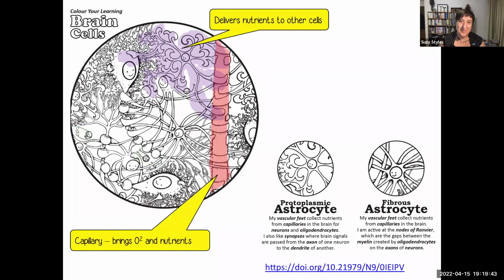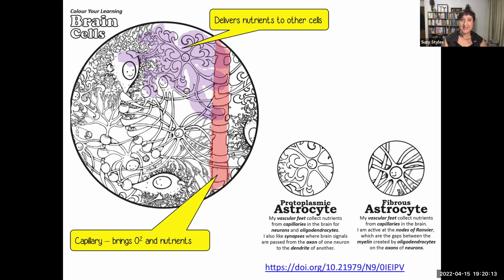The other cell type that we can learn about is the astrocyte. And astrocytes play a special role in the brain where they actually have their processes reaching out to the capillaries in the brain. So the capillary is shown here on the right. And the capillaries are the tiniest ends of the blood vessels in the brain that help transport nutrients to different brain regions when the brain regions have been very active.